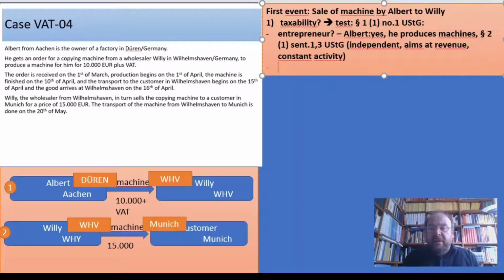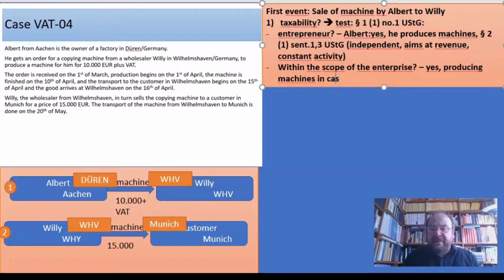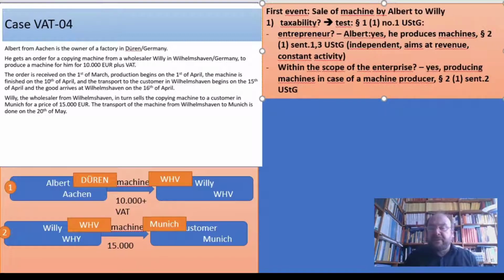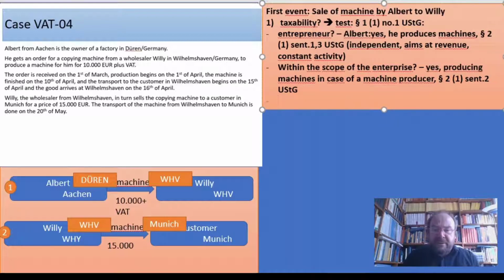Okay. Is it within the scope of the enterprise, or the range of the enterprise activities? I'm not sure how good English would call it. Yes, producing machines in case of a machine producer. This is clearly a part of his enterprise activities. It's even the core business. So paragraph 1, sentence 2 UStG.